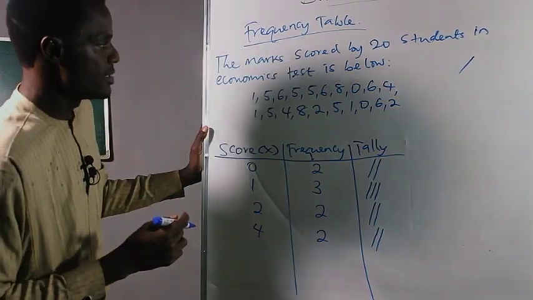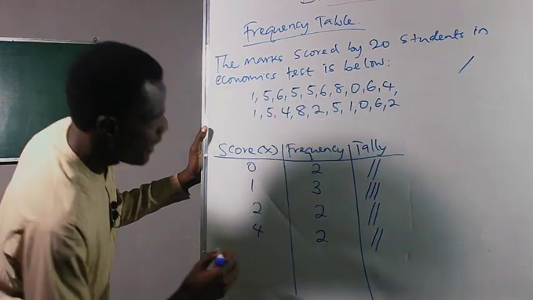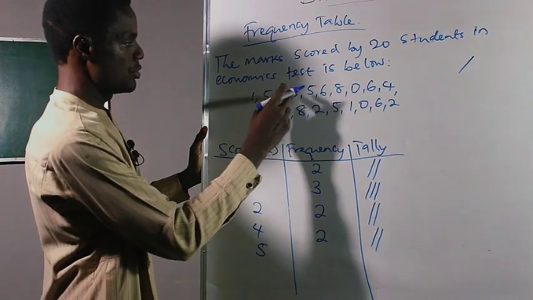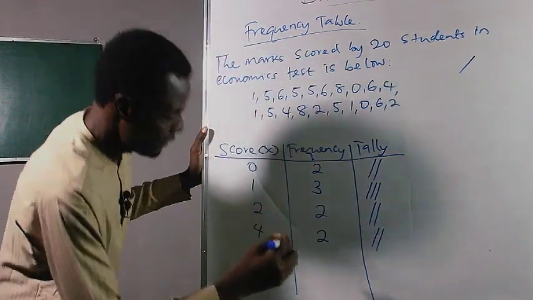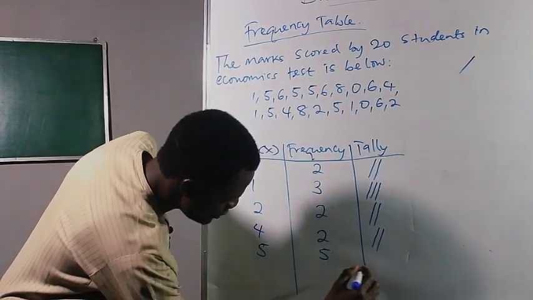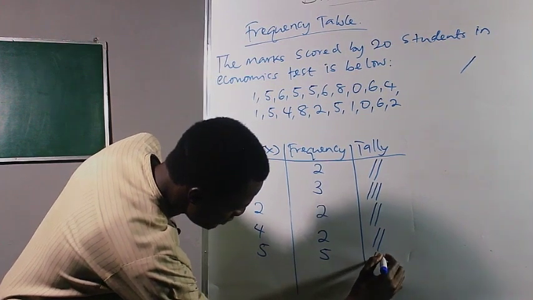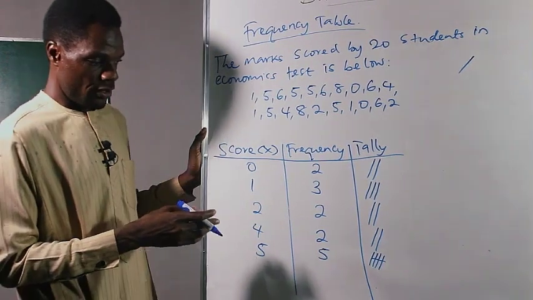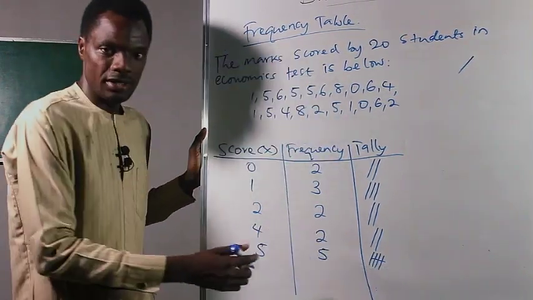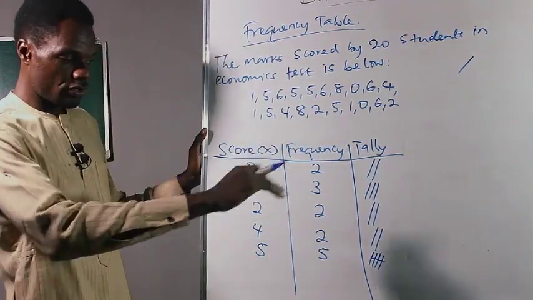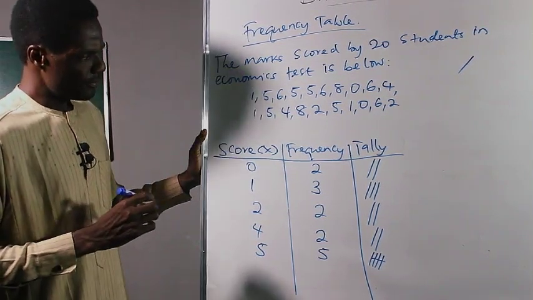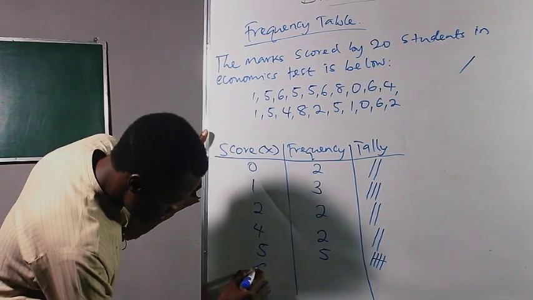And the next one is 5. So 5 appears 1, 2, 3, 4, 5 times. So the frequency of 5 here is 5, with 5 strokes. When you have 5 strokes, as you draw the fourth one, you cross the last one, making 5. The next item is 6.